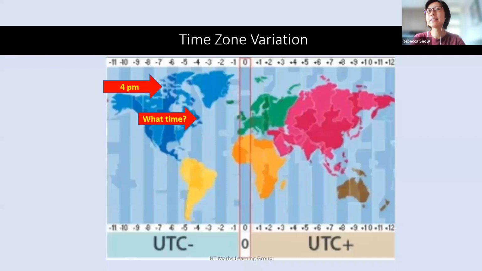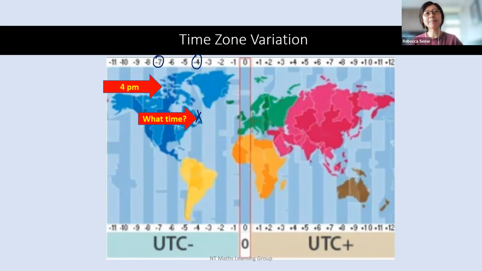Let's take a look next. If we have a particular country here at -7 UTC, and it's at 4 p.m., what about the time at this particular country X, where it is at UTC -4? So -4 compared to -7 would mean that it is ahead, right?